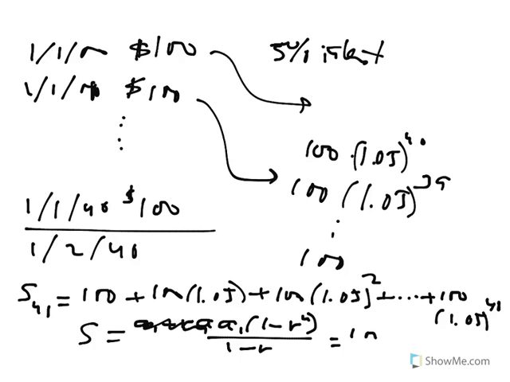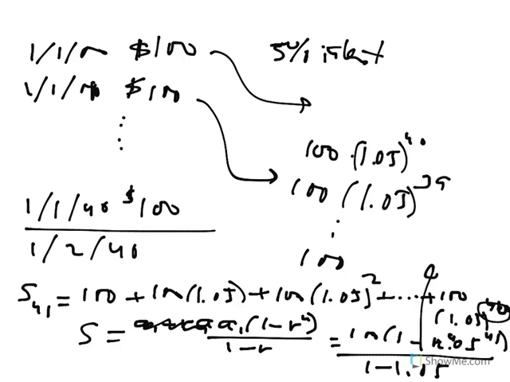In this case, that's 100 times 1 minus 1.05, sorry, to the 41st power. It's always one more than whatever power was over here, over 1 minus 1.05. And you throw that in, and it becomes about $12,784 approximately.